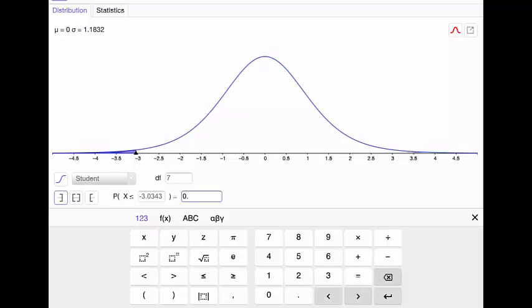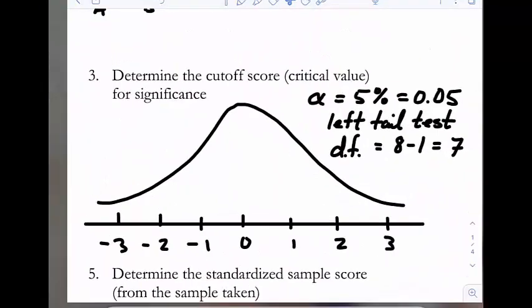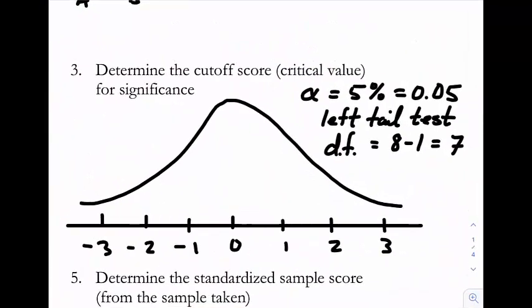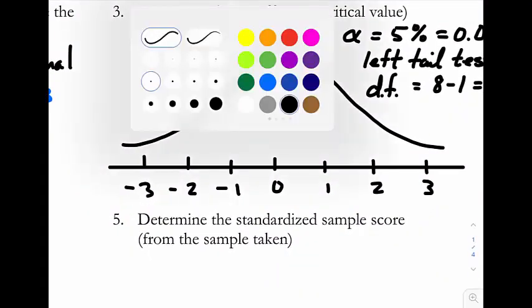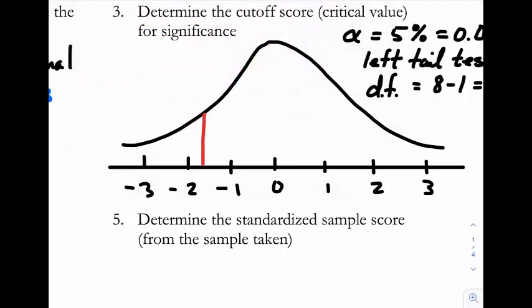Now in the bottom right box, you want to place in the 0.05. There in the middle is our cutoff point, -1.8946. Again, -1.8946. So placing that back in here, that's the cutoff point. We want to be on that point to show statistical significance.